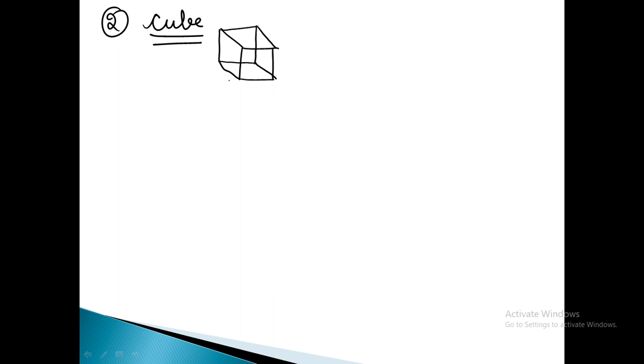This is a cube. Here each side will be equal.